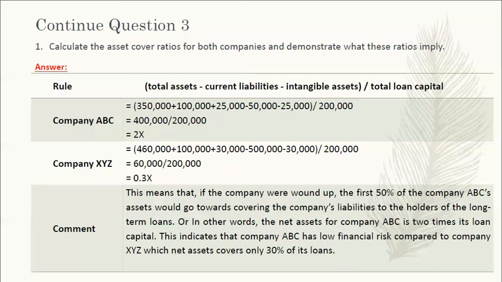First, calculate the asset cover ratio for both companies, once for company ABC and second for company XYZ. Third, demonstrate what these ratios imply, and apply this to the results that I have.